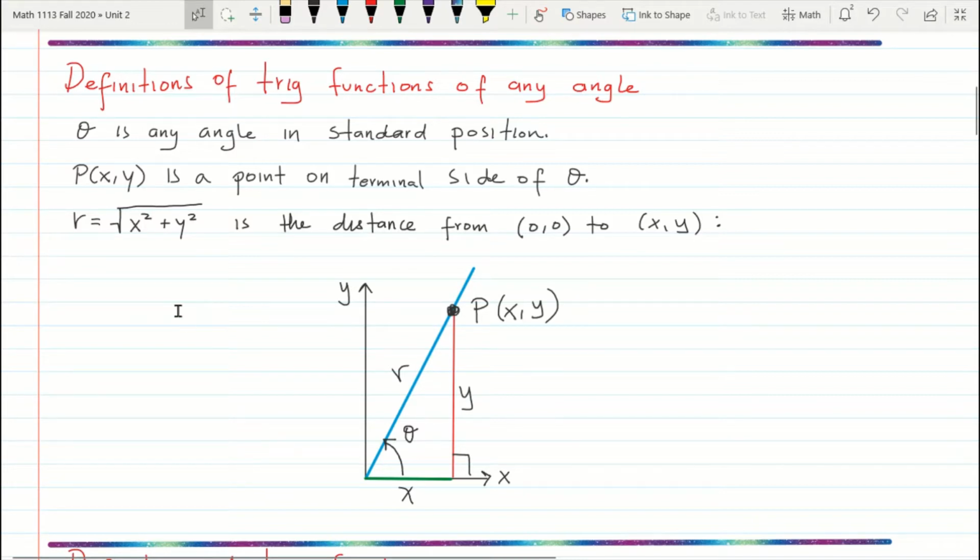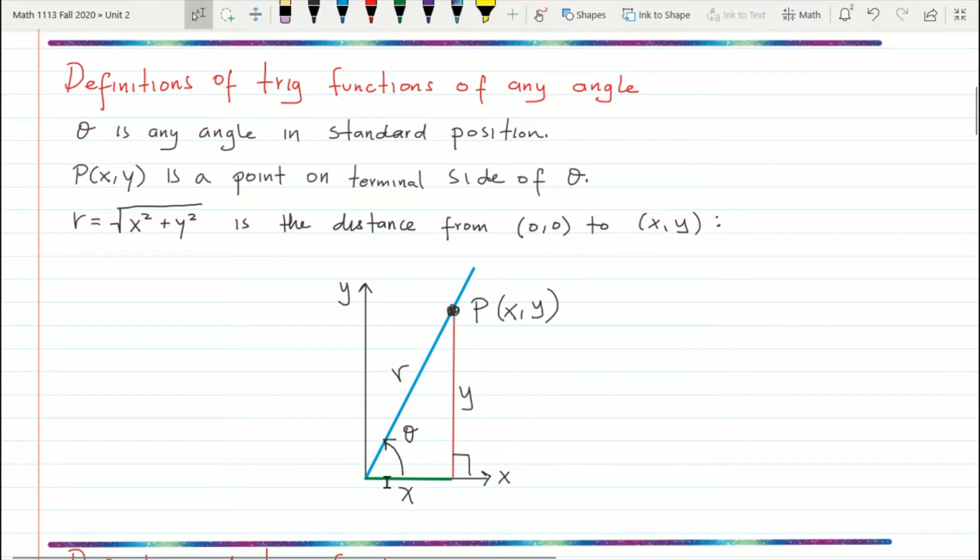This is just for you to know, and it's not really going to be applied in the next couple of problems, but later on it will be, and we'll come back to this definition. So no need to memorize it right now, but at least know where it came from and what we're talking about. Okay.